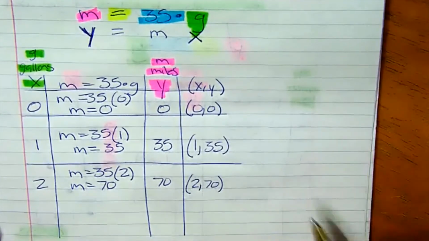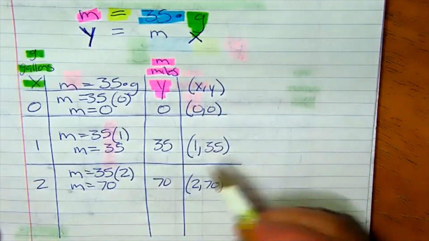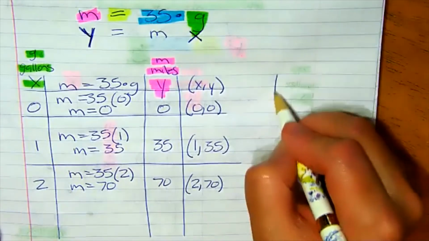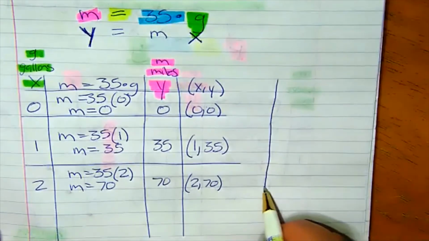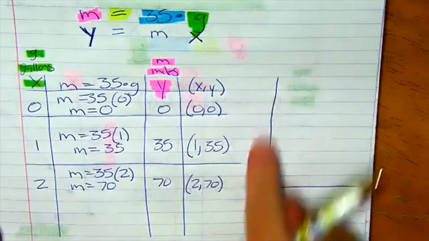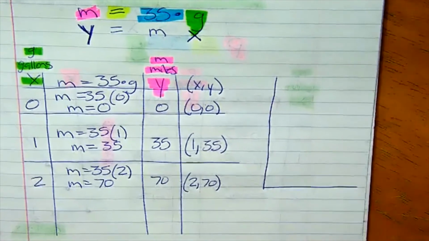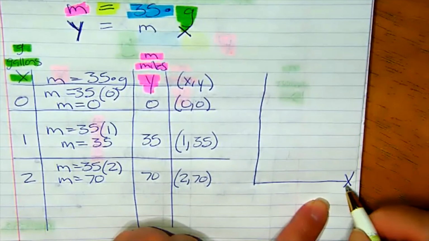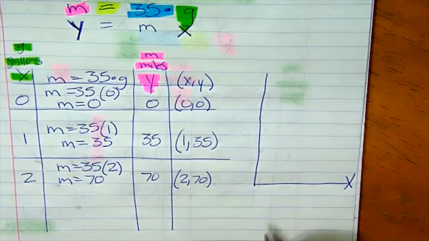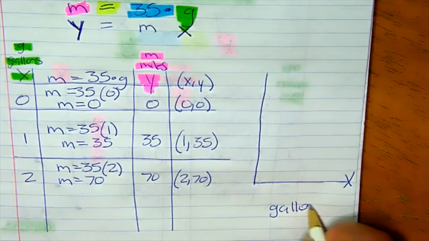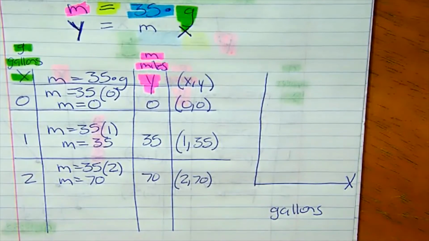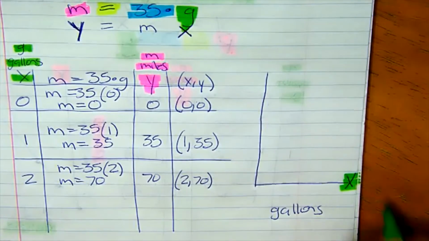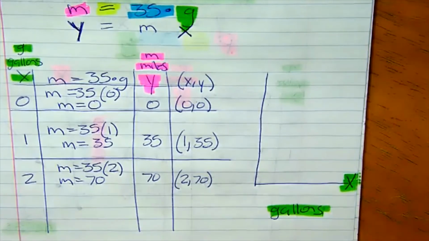So now we have our 3 ordered pairs. And since I don't have any negatives, I only need to deal with the first quadrant. So since this is my x-axis and x equals gallons, there's my x-axis, x equals gallons.